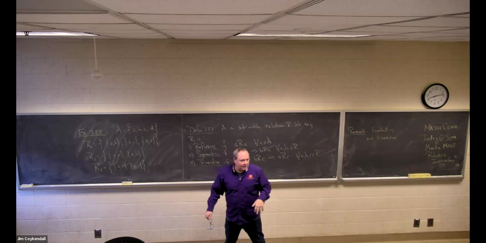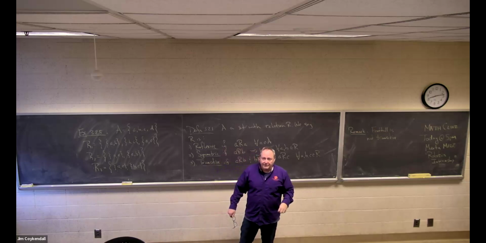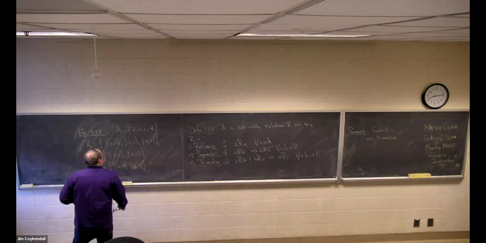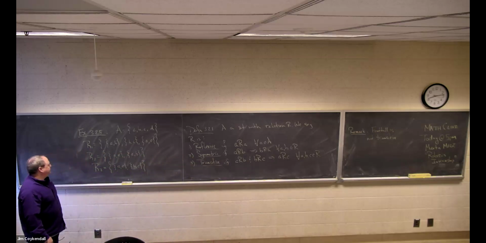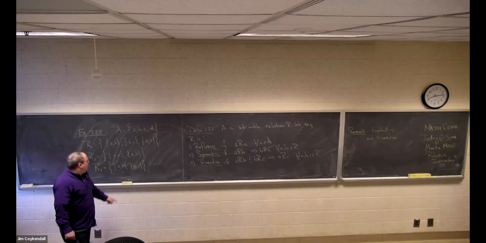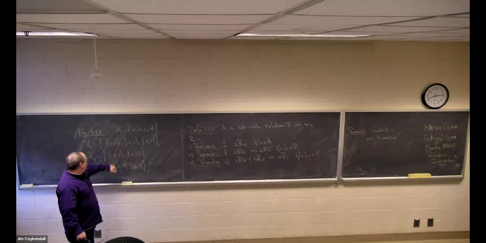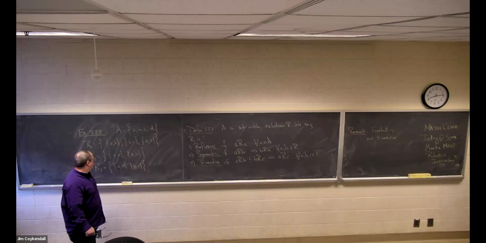So none of these are reflexive. Everybody okay with that? How about symmetric? None of these are symmetric either, right? This one has an AB but no BA. This one has AB but no BA. And this one has AC but no CA. Everybody agree with that? How about transitive?